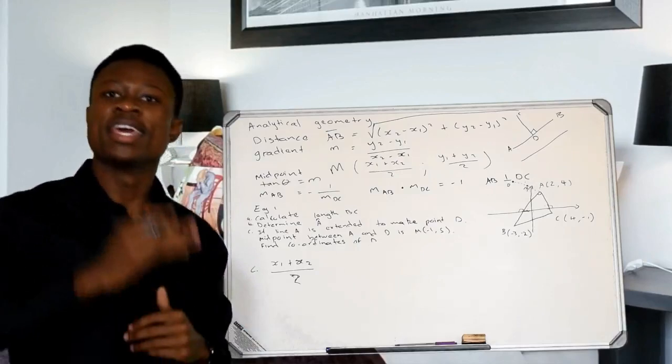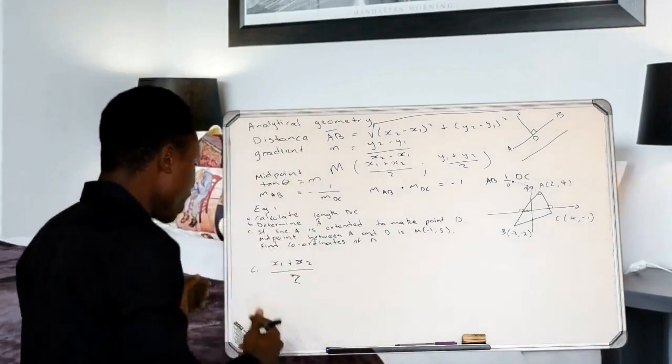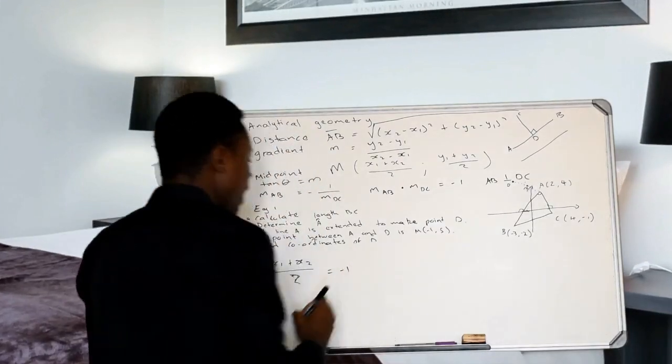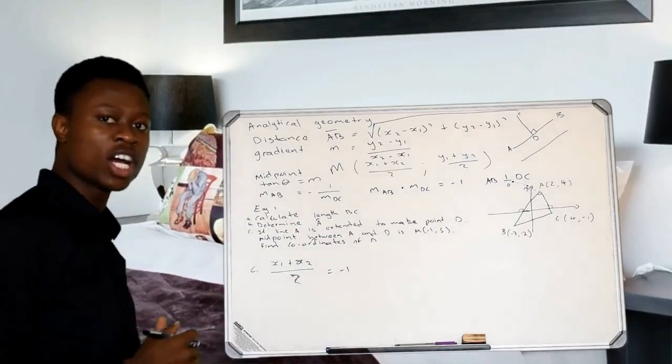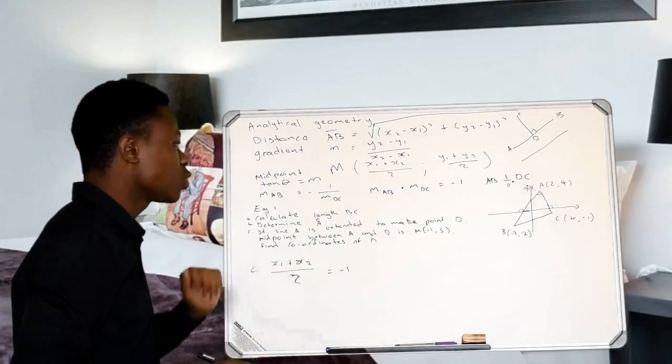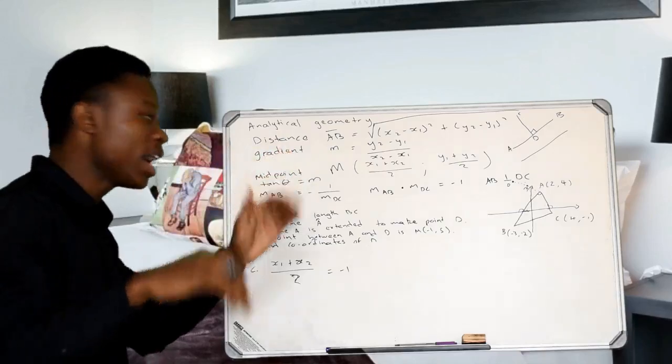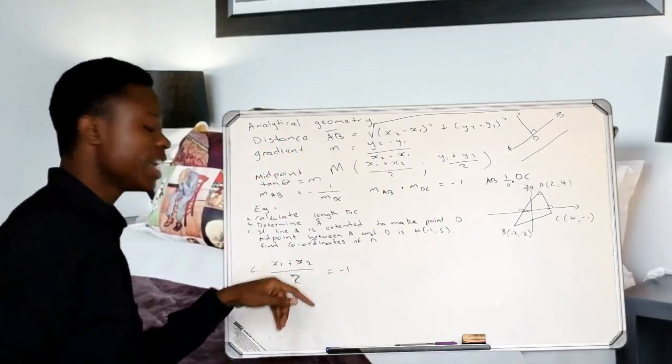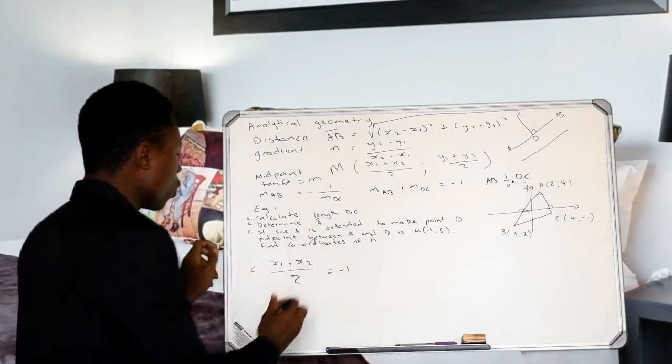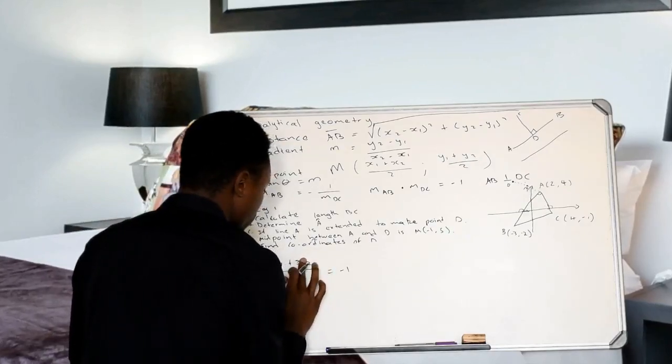Do I know the midpoint? Yes, I do know the midpoint. So the x coordinate of the midpoint is equal to negative 1. You see where I got this? x1 plus x2 are the coordinates of the different points, but the answer of this is the midpoint.